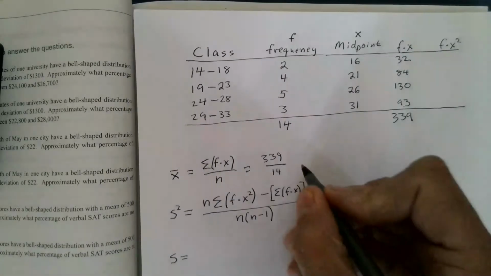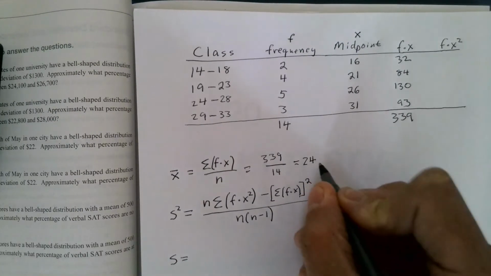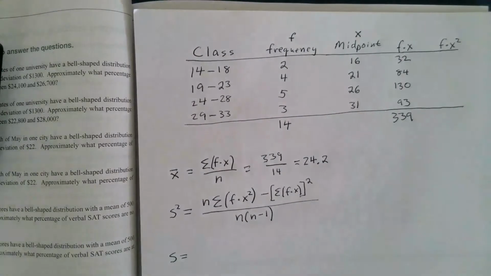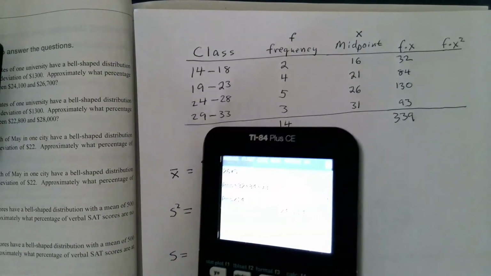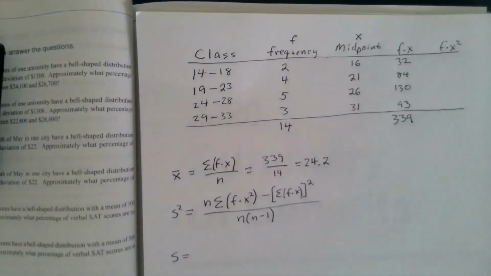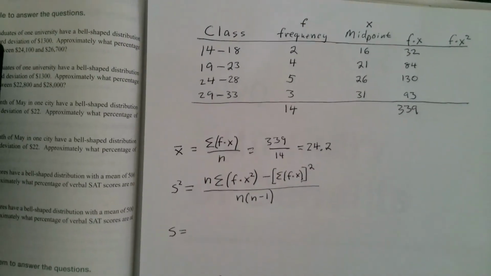And when we divide, it results in... I will round to 1 decimal place. That's what we get. Okay, so the next step, we will calculate the variance and standard deviation.